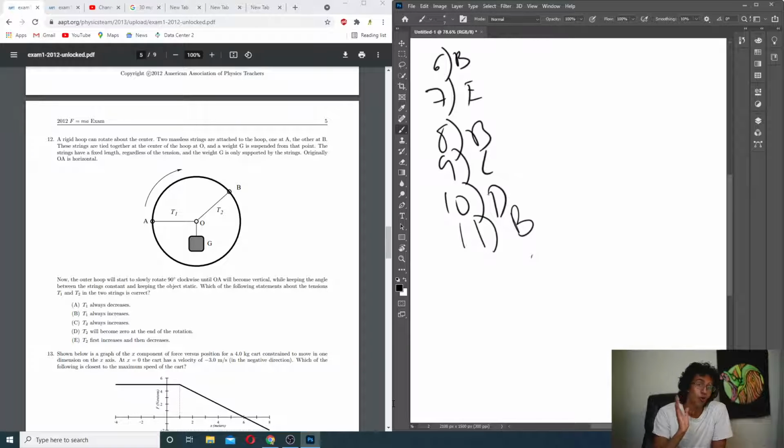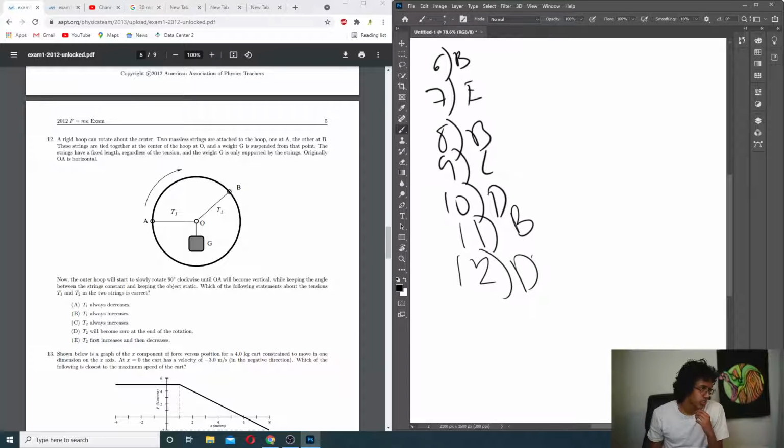Which basically means that OA is supporting all of the vertical force from G, right? And then essentially that means that if you added any force on T, like if T2 is greater than 0, it would basically move the box to the right, which you don't want. So essentially D should just be correct. So 12 is D. It has to be 0, otherwise it would be moving.